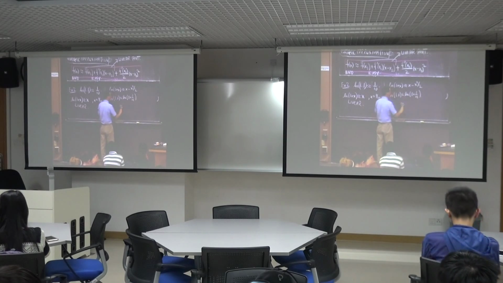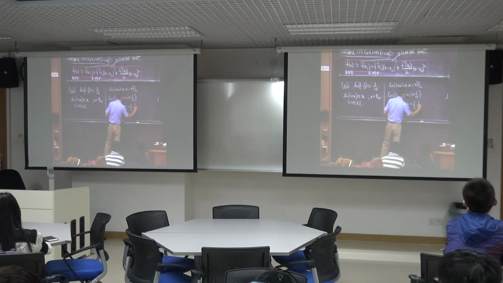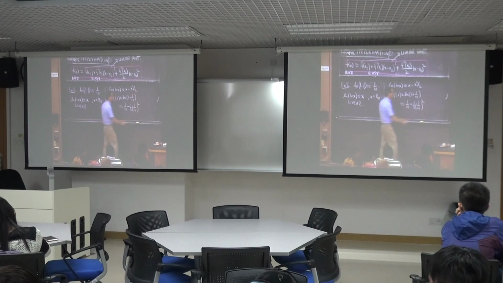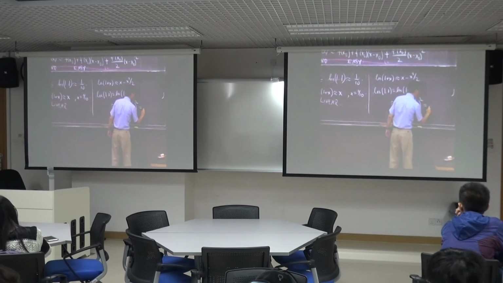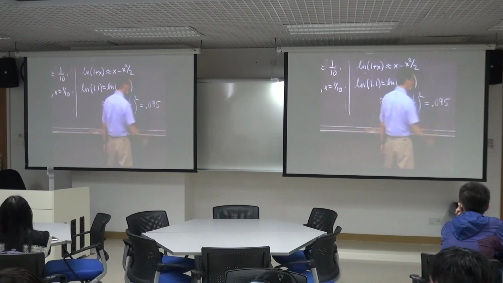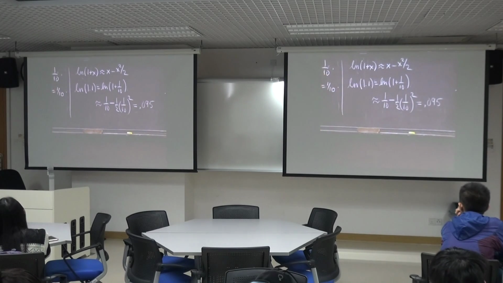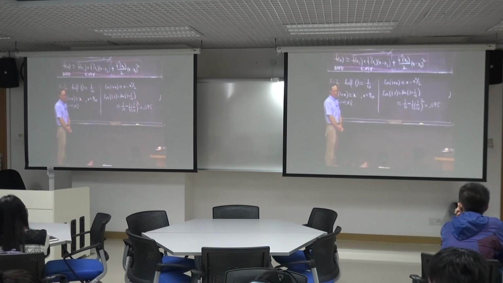So that's approximately a tenth minus a half 1/10 squared, right? So 1/200th. So that turns out, instead of being a tenth, that's what is it, 0.95 or something like that. It's a little bit less, all right? It's not 0.1, but it's pretty close.